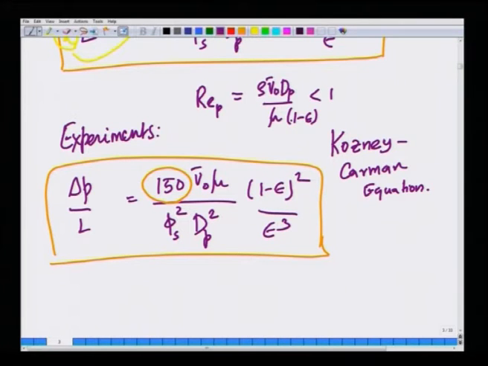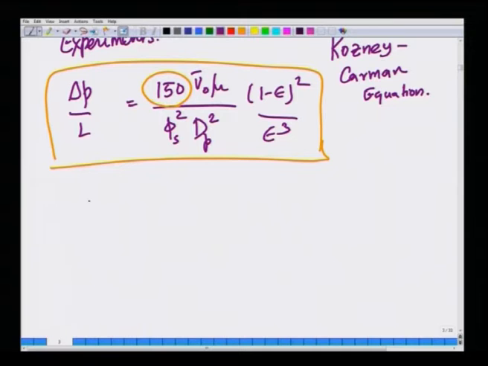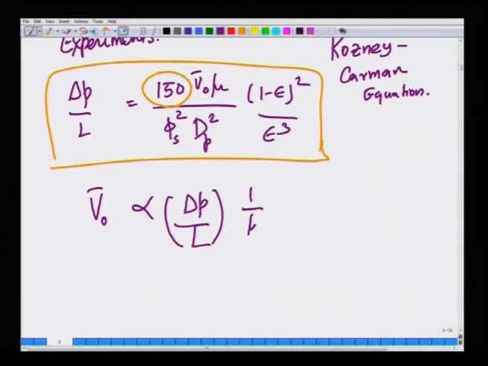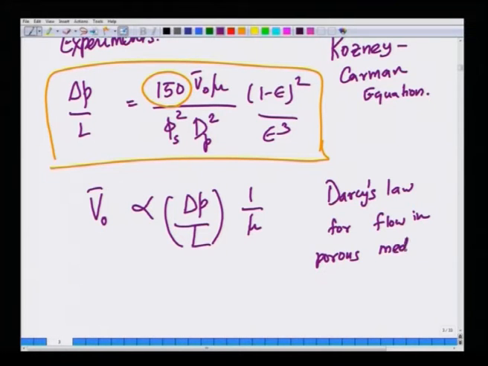Now, for a given system, you can rewrite this expression as V naught being proportional to delta P by L times 1 over mu. This is called Darcy's law for flow in a porous medium: the velocity with which fluid flows in a porous medium is directly proportional to delta P by L and inversely proportional to the viscosity.